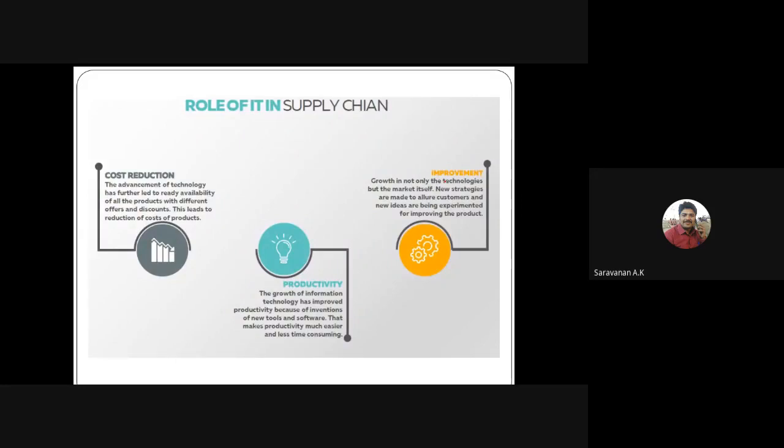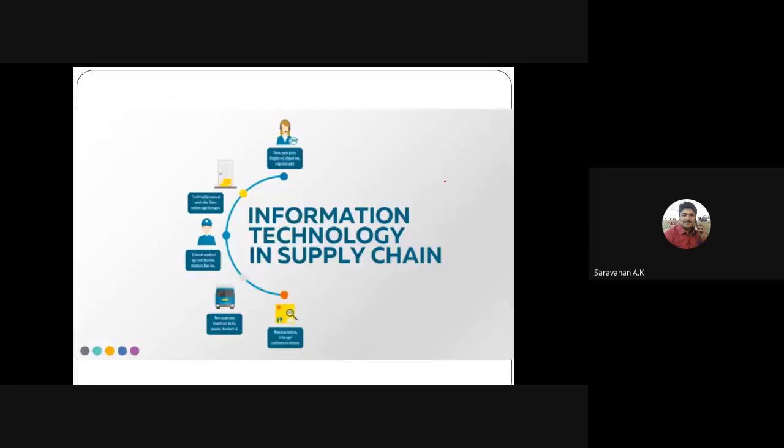Is it clear? So what is information technology in supply chain management, right? For the entire business, without the supply chain information we can't get the profitability of the supply chain network, right? The supply chain network consists of the intermediaries, then the flow of goods, and plenty of management systems, right?